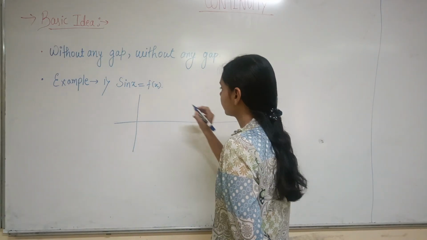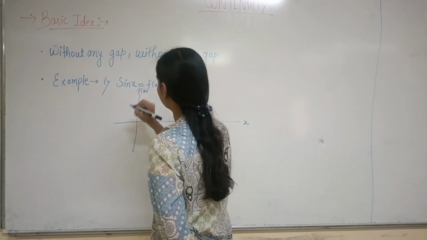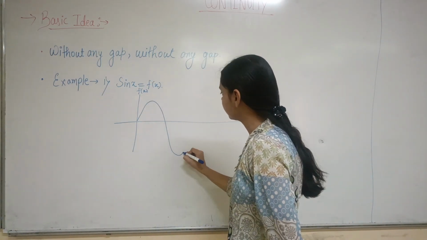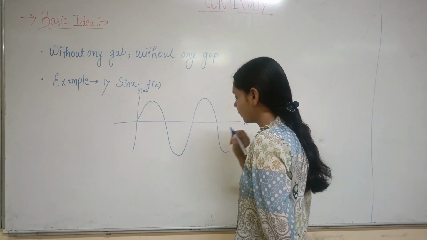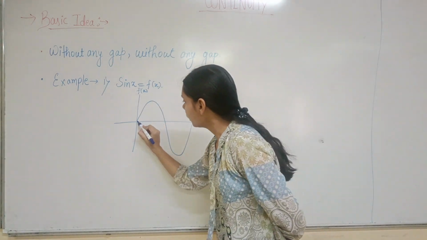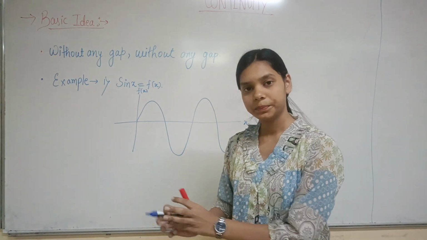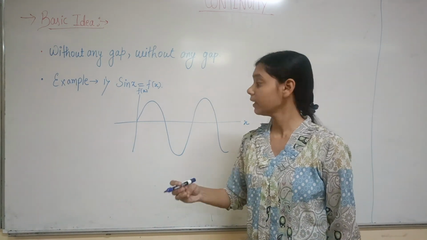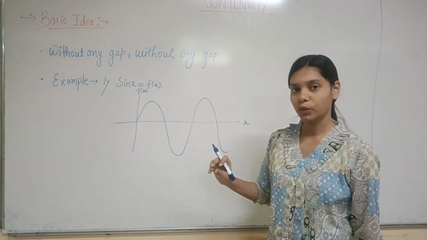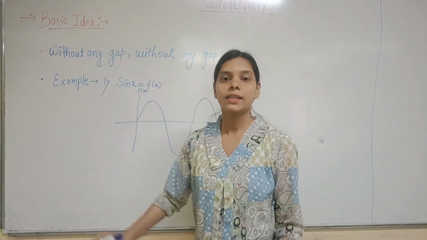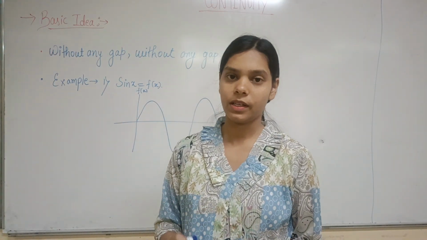This is x and this is f(x), right? How to draw the graph of sin x? This looks like that, right? Now in this graph, is there any gap or break? Tell me anyone, any gap or break here? No. Okay, so we can say that the given function, the sine function, is continuous.